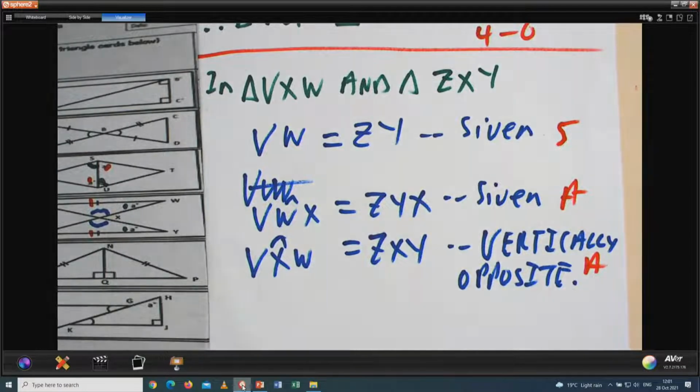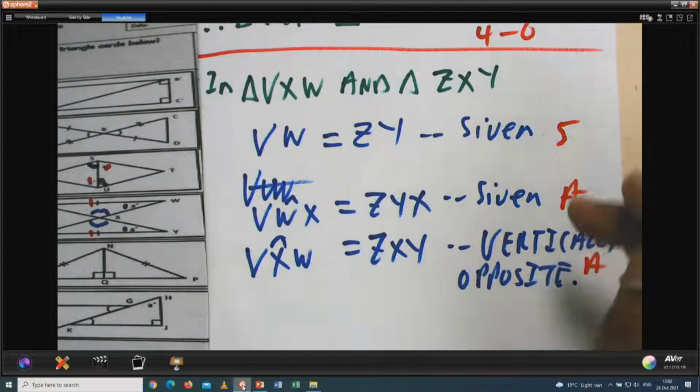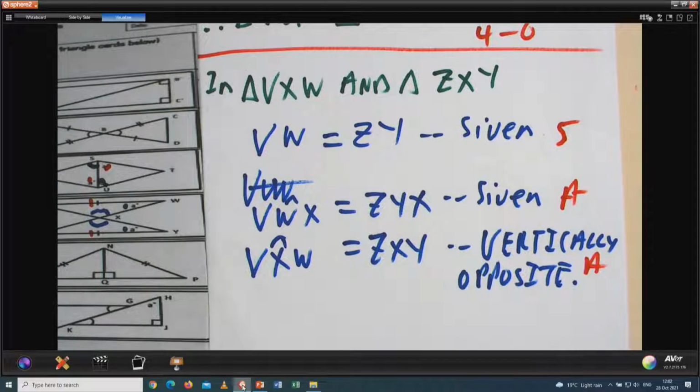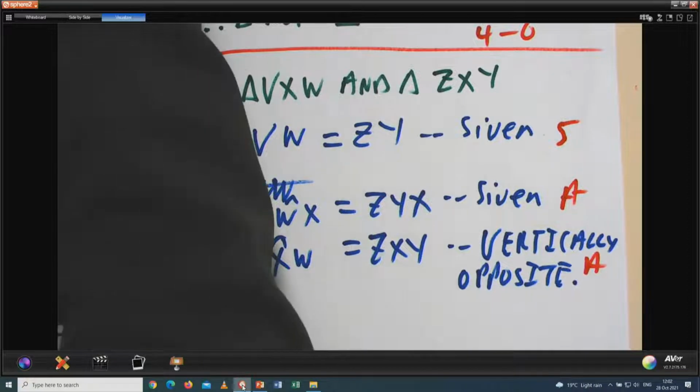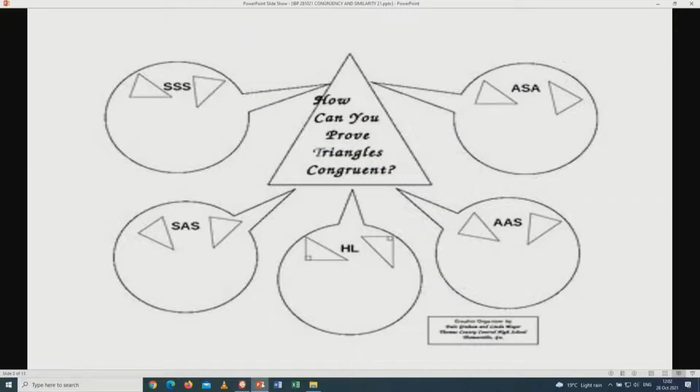It depends where you've started. We can now remember which question we are answering: how can you prove that triangles are congruent? That's the question we are busy answering.